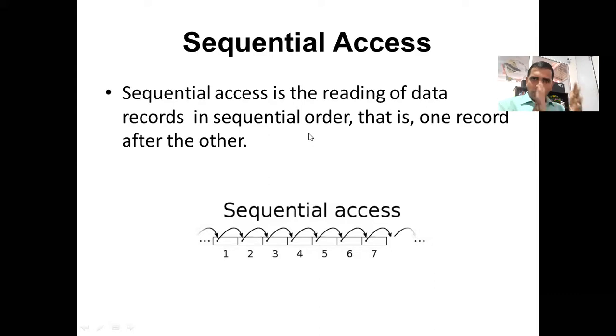Assume there is a video cassette which has a one hour video saved. Listen to me carefully. Now you want to watch a particular scene in the video, not from the beginning.